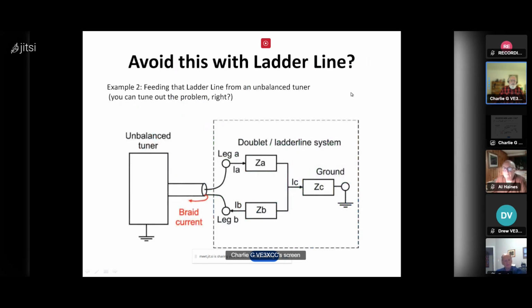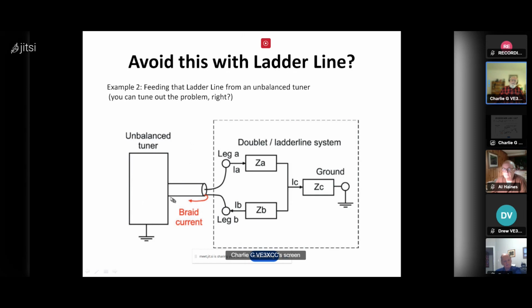Another example of how we do this kind of thing to ourselves is, we say, okay, we're going to use ladder line. We're not going to have coax in the system, and then we don't have to worry about conducted RF coming back in along it. But then, if we're using a doublet or a ladder line system, at the end of the day we end up using an unbalanced tuner.